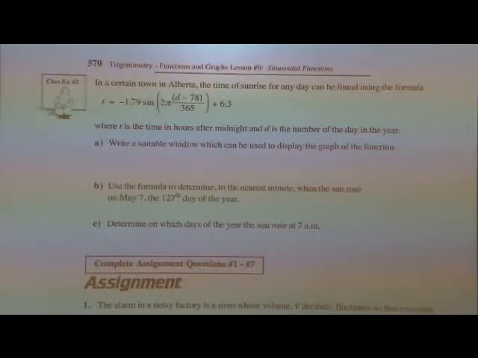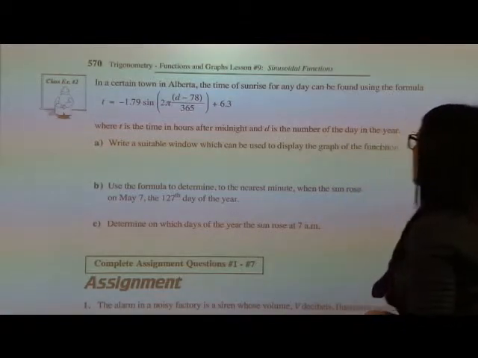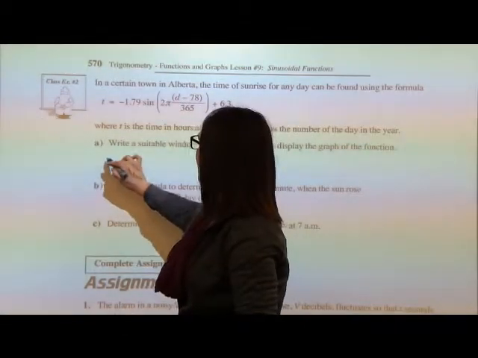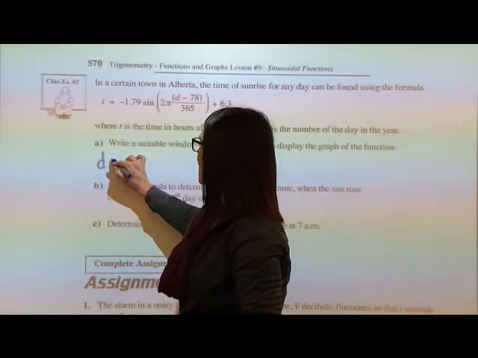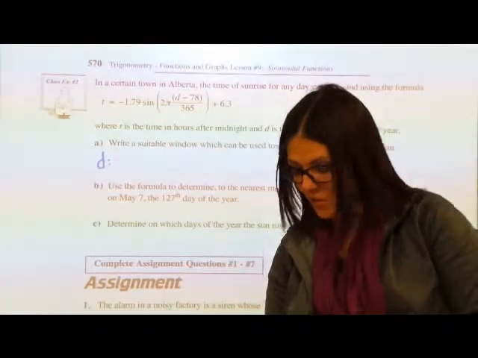T is the time in hours after midnight, and d is the number of the day in the year. So question A says, write a suitable window that can be used to display the graph of the function. So D is the day of the year. So what would be a suitable range for the day of the year?